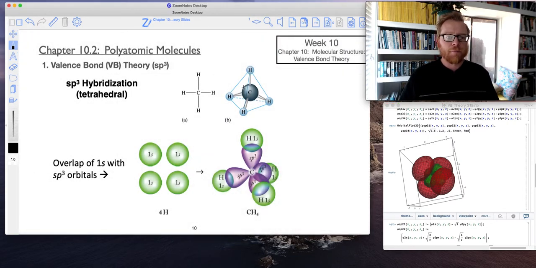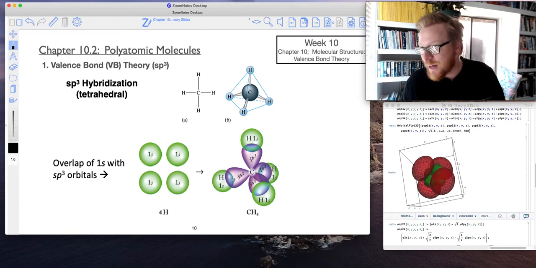So moving along. And finally, if I want to make a molecule out of sp3 hybridized carbon, now I have to have overlap of a hydrogen 1s orbital with an sp3 orbital.